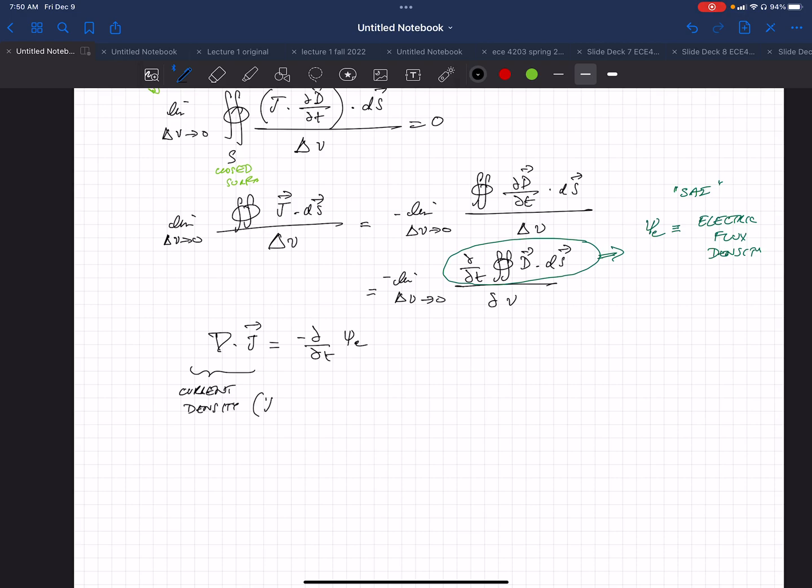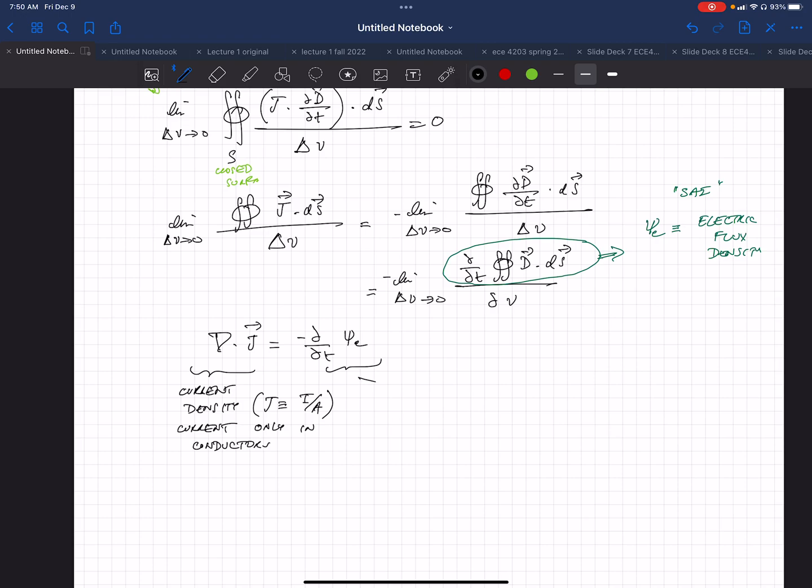Again, J is defined as I over A, where A is the area of whatever the current is going through. So you only get current in conductors, and it depends on the conductivity of the volume and so on.